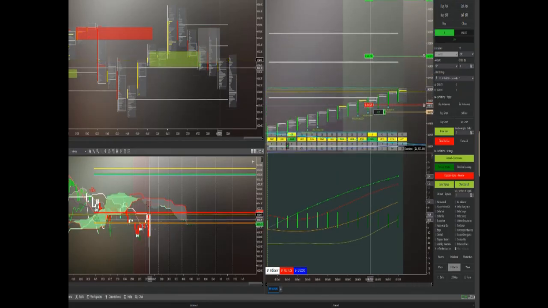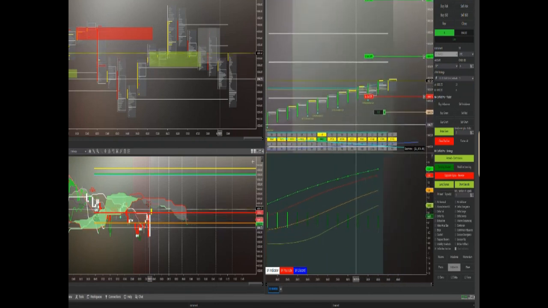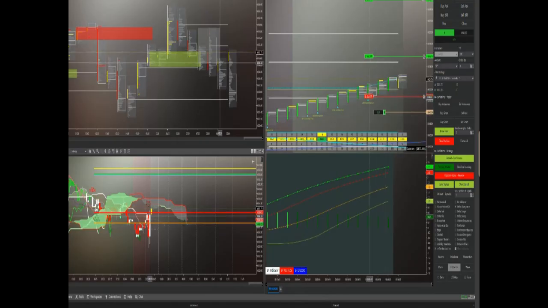So this is how I trade intraday and teach our students to trade in our B4 AMP course. We have a complete library of how to utilize this system and how to trade this way.